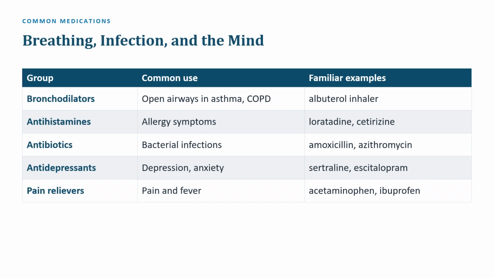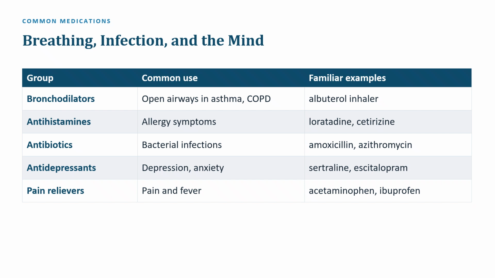One last stop on our drug tour covers breathing, infection, and the mind, rounding out the medications you will see most in primary care. For breathing, bronchodilators open narrowed airways in asthma and COPD, with the albuterol rescue inhaler being the classic fast-acting example. Antihistamines relieve allergy symptoms, and common non-drowsy options include loratadine and cetirizine.